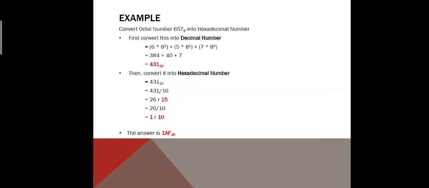So, ito na agad yung nakuha natin na sagot. 1 na. Hindi na siya pwede i-divide sa 16. So, yun na yung final answer. Kukuha na lang natin sa remainder. So, ang sagot is 1, 10, 15.